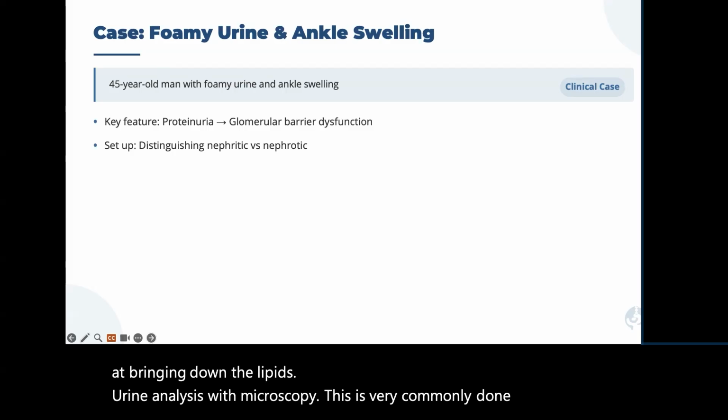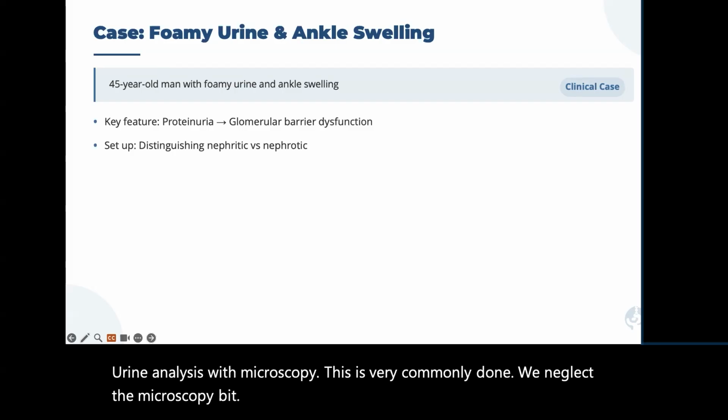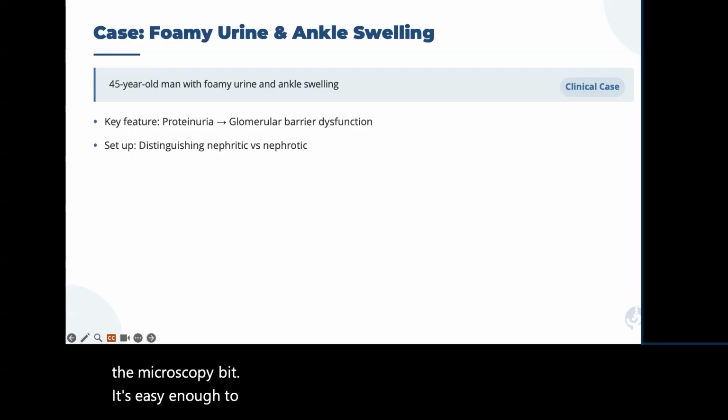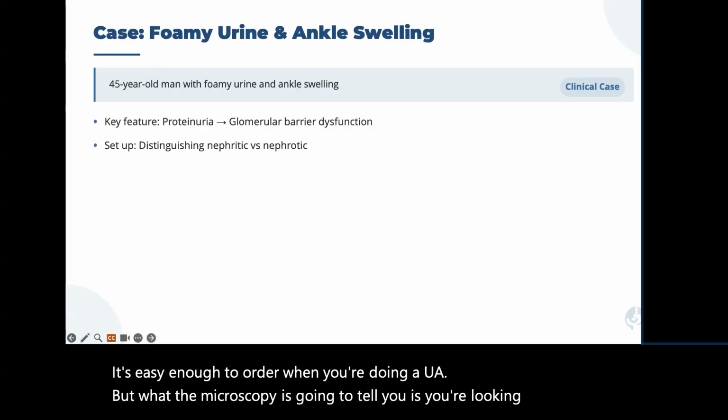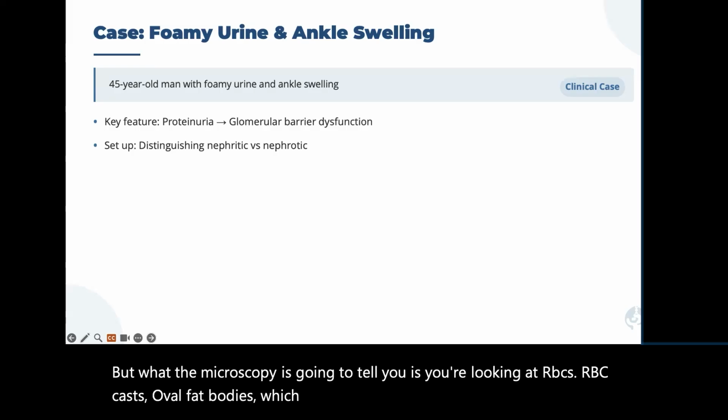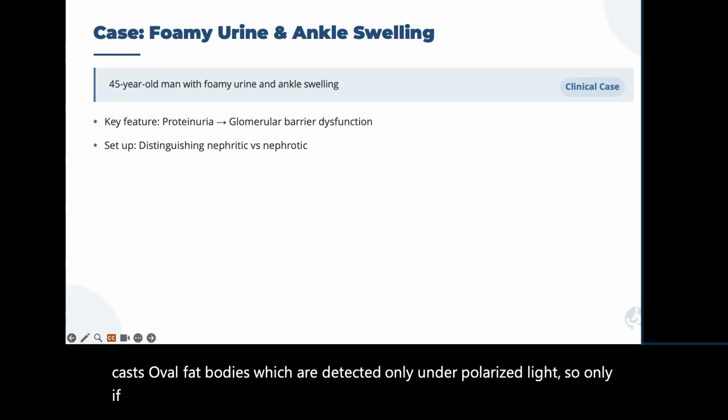We neglect the microscopy bit. It's easy enough to order when you're doing a UA. What the microscopy is going to tell you is you're looking at RBCs, RBC casts, oval fat bodies, which are detected only under polarized light. So only if they see them will they report them to you. It's not like it comes out on a strip.